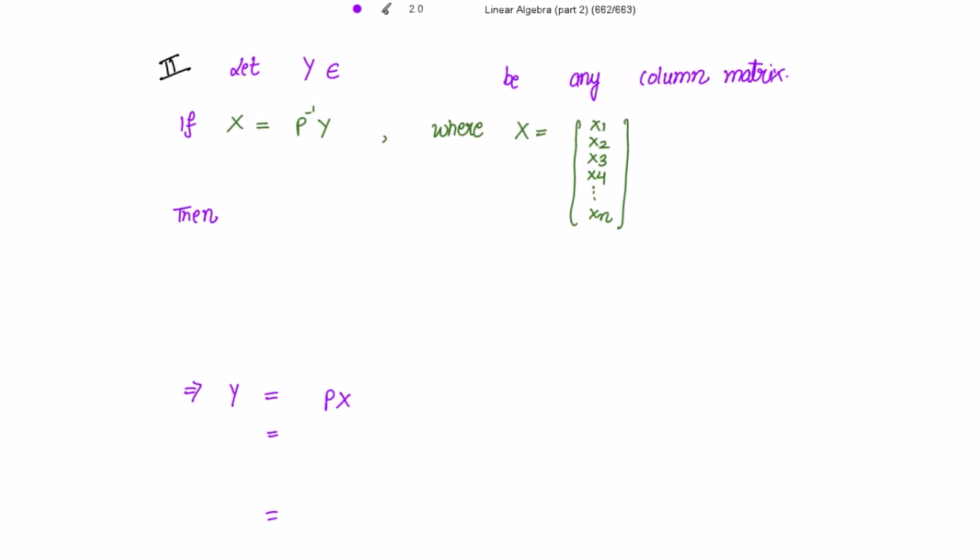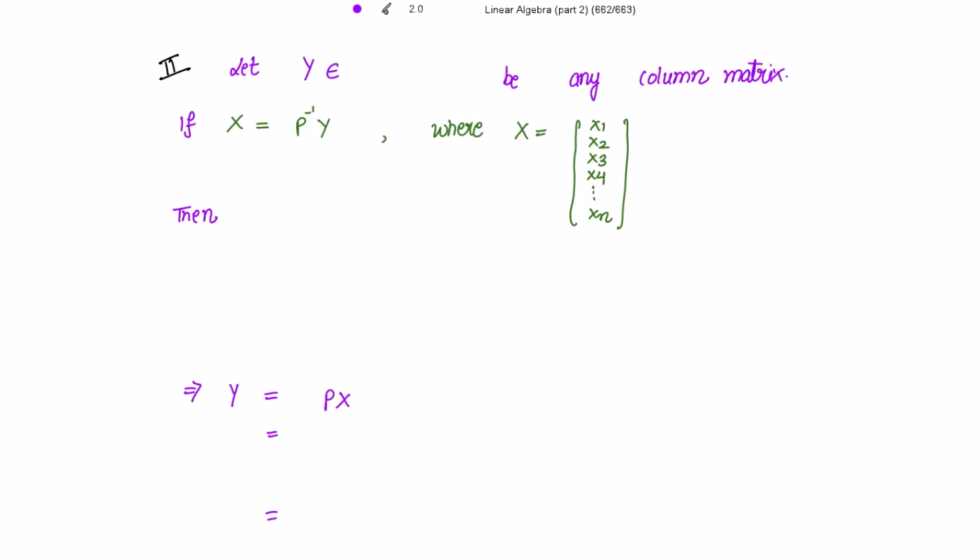Now second, I have to take one column matrix from the space F^(n by 1) and prove that this matrix is a linear combination of P1, P2, Pn, right? Then only I can say that P1, P2, P3, Pn are the generators of F^(n by 1), the space of column matrices.